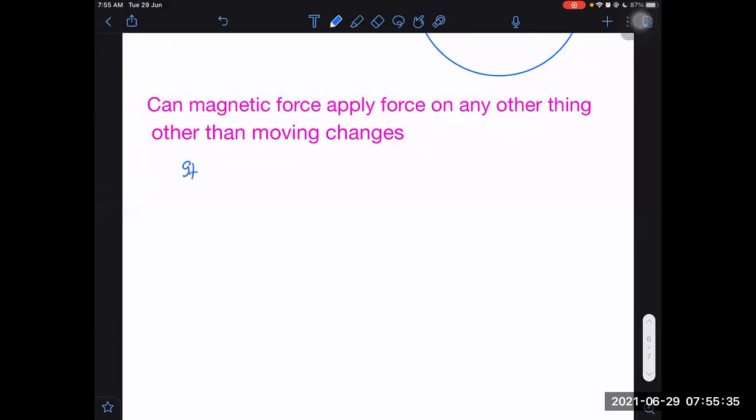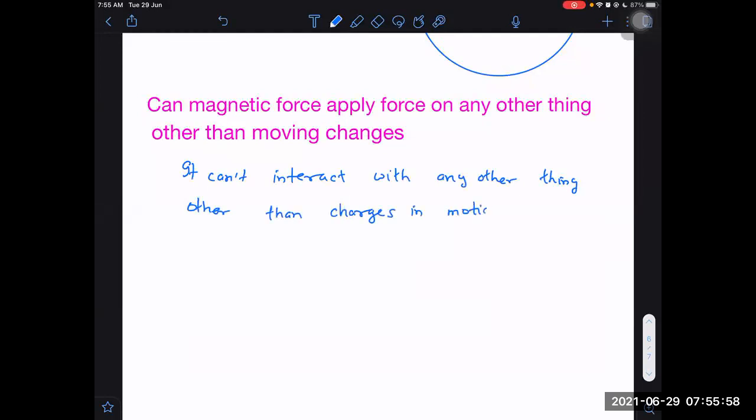It can't interact with any other thing other than charges in motion.